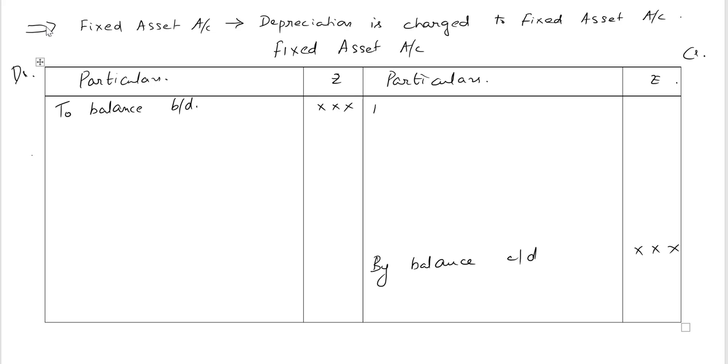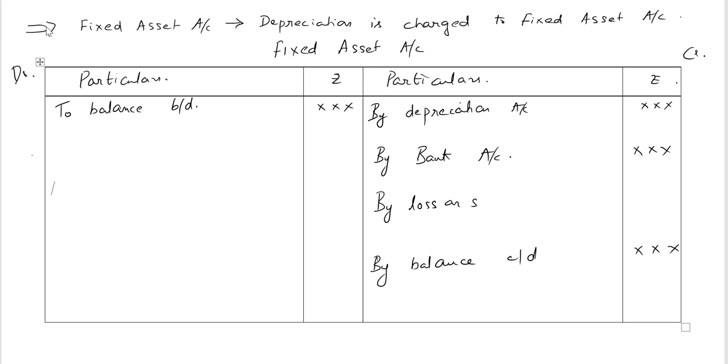Any depreciation charged will come as by depreciation account. Where there is sale of fixed asset, it comes as by bank account. A loss on sale, by loss on sale of fixed asset account.